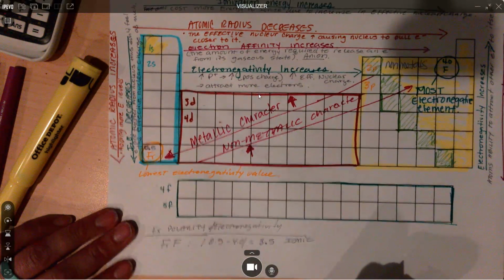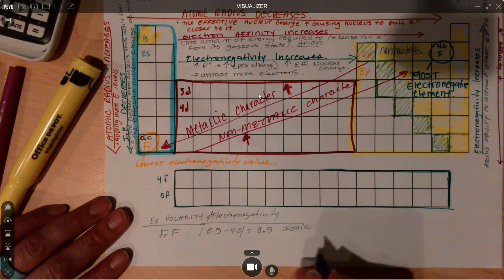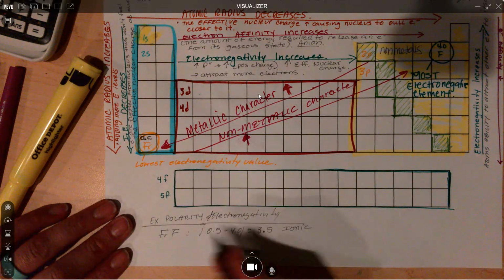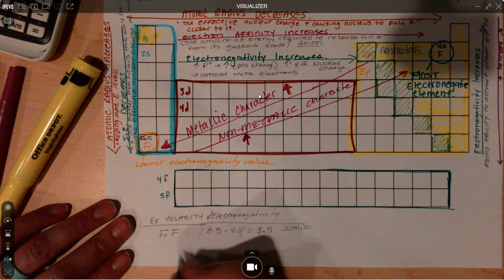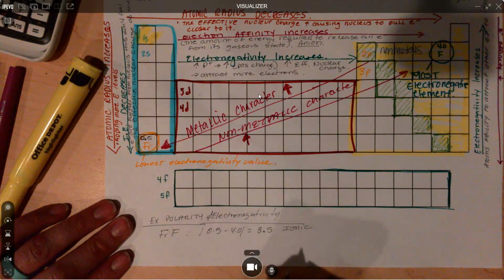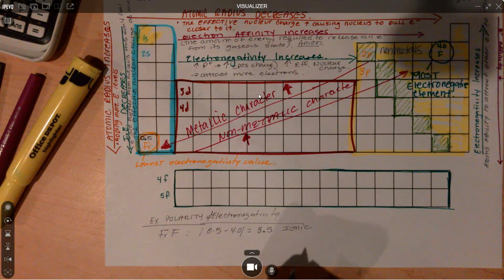Okay, so it's highly electronegative between themselves. The higher the electronegativity value, the more polar it is. So this is a very polar molecule. It's actually an ionic molecule. Ionic means that the electrons are not shared, the electrons are transferred.